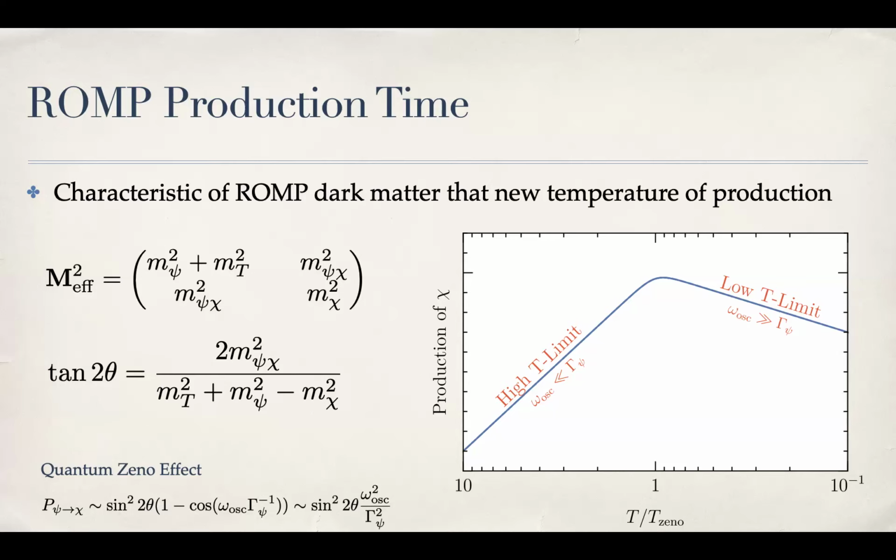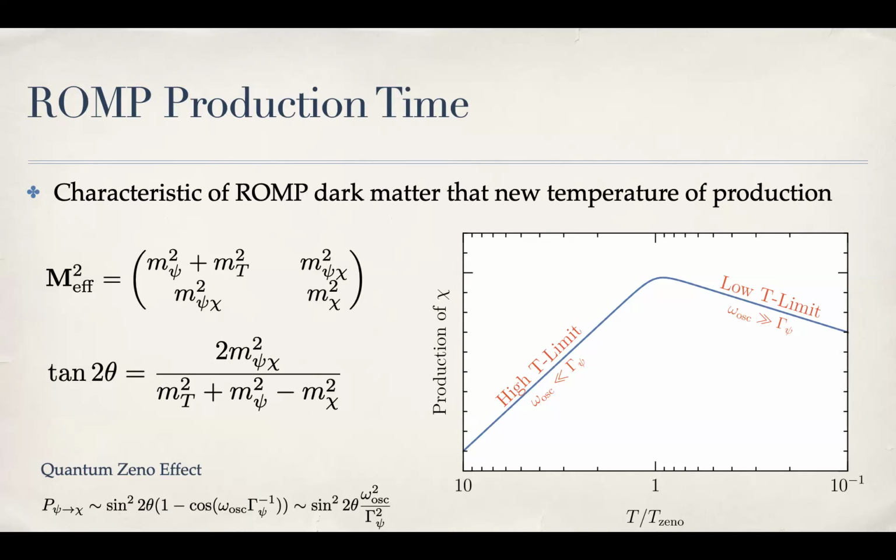And again, this gives rise to a dominant temperature of production, not necessarily T_OS, though again the thermal mass squared is equal to the mass difference squared. But it's when your scattering rate starts becoming slower than your oscillation rate, i.e. you have to be rapidly oscillating for any of this production to occur, hence the name ROMPs. Funny enough, we actually came up with ROMPs before we realized this quantum Zeno effect, so it was kind of meant to be.